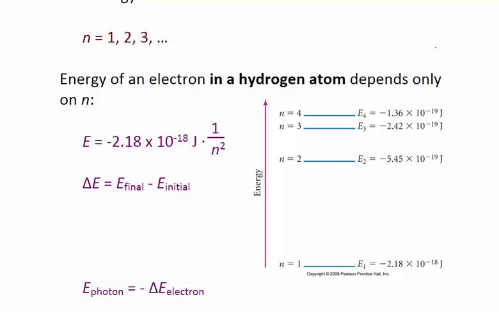So first of all, look at these levels, how they're spaced out. N equals 1 is the lowest energy that a hydrogen electron could have. If it's right there, it's called the ground state.